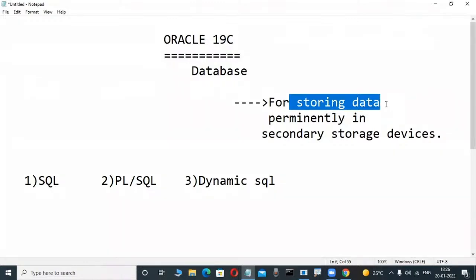But that is absolutely wrong. Not only storing data, so many things are there. Databases are not only for storing data, but also efficient retrieval of data is important. Suppose, for example, observe the screen.